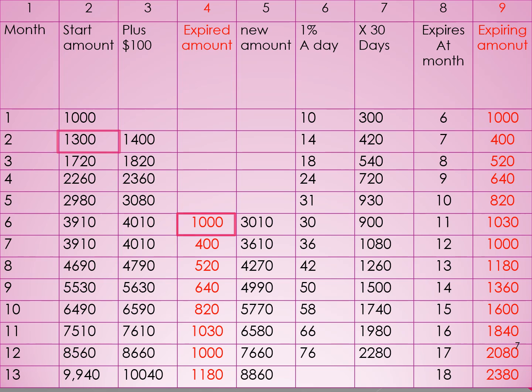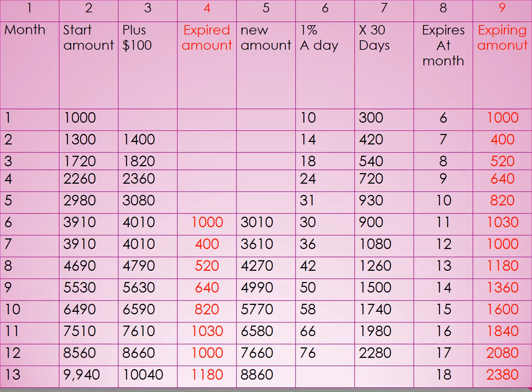Here in row 2, you're getting paid on $1,300 even though you've only invested out of pocket $1,000. Then here in row 3, you're getting paid on $1,700 even though you've only out of pocket invested $1,100. We're compounding. We're recycling the same money and compounding. It's very powerful.